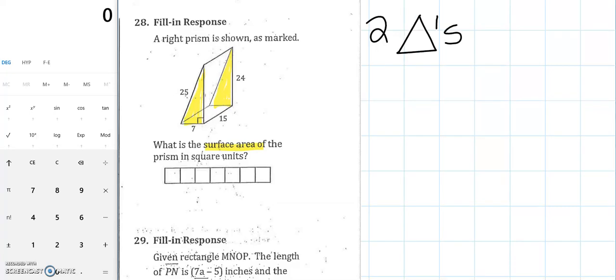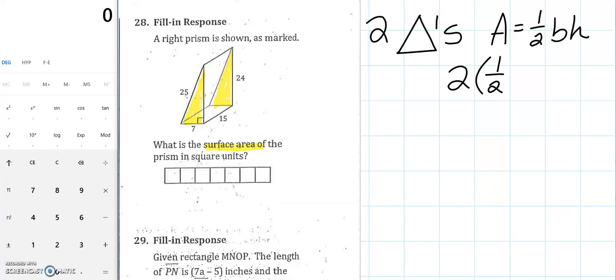To get the area of one triangle, it's going to be 1/2 base times height. And since I have two, I'm just going to make sure I multiply by 2 because they're congruent. So in this case, I have 2 times 1/2 base and height. The base of my triangle is 7. And then the height of my triangle is going to be 24, just like in the back.